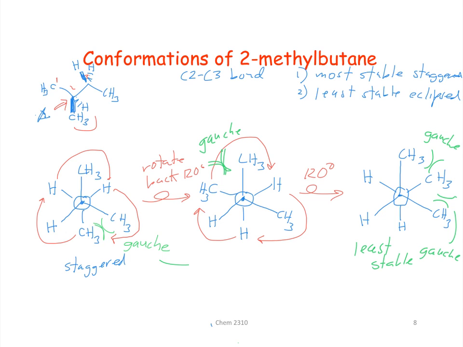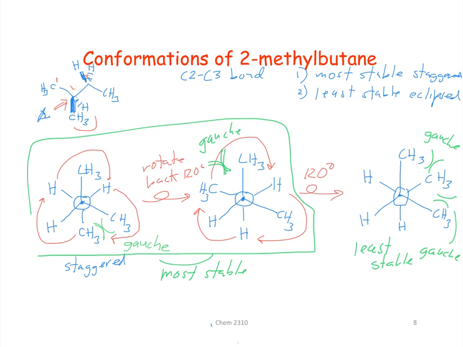And these two are the most stable. They're equally most stable because they both have just a single gauche interaction. All right, so we could draw either of those to get our answer here. So either of these two would be most stable.